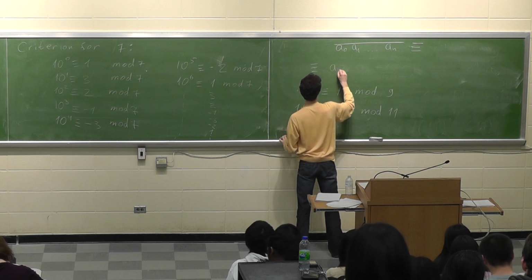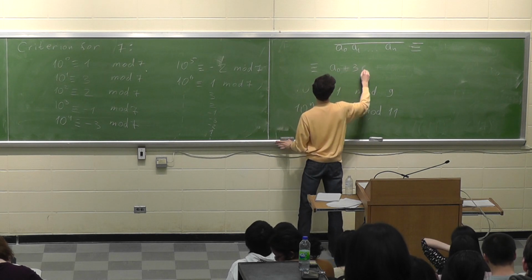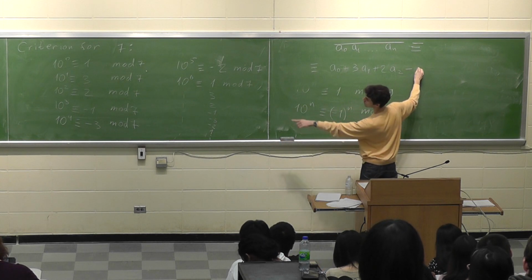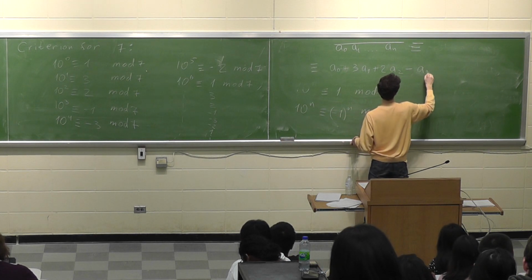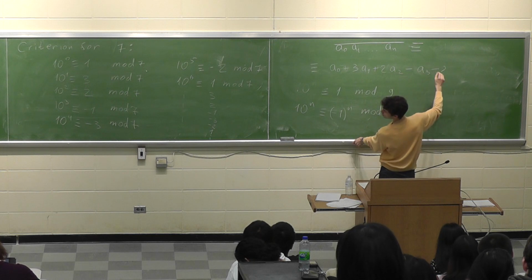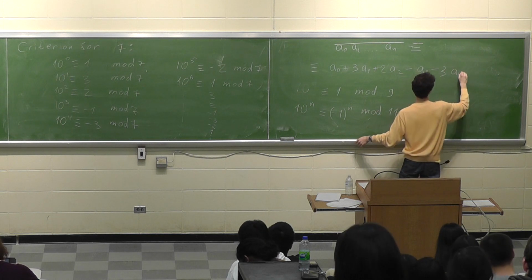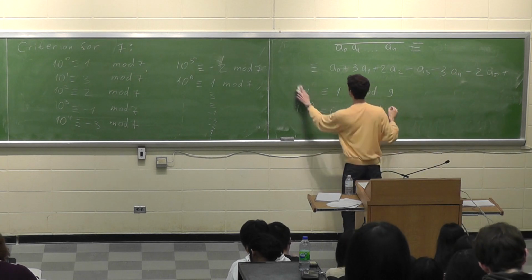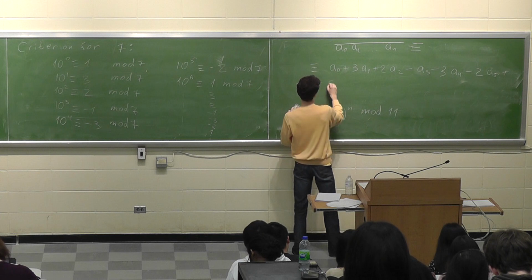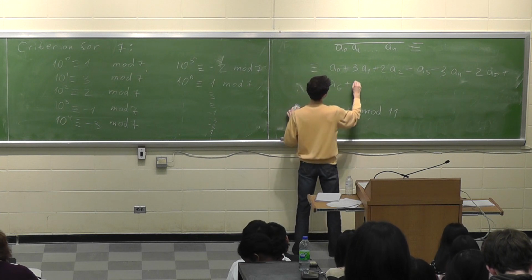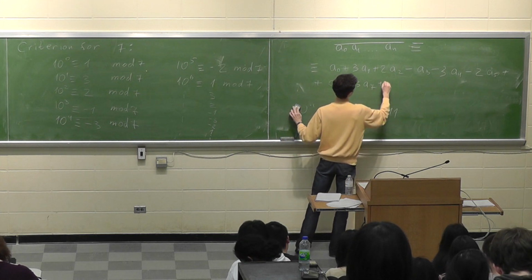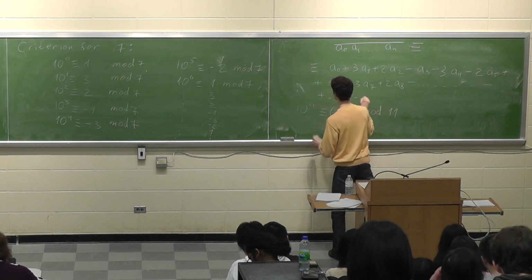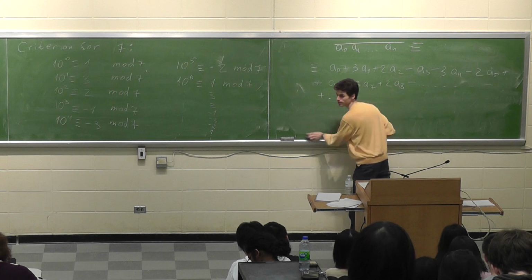It's A0 plus 3 times A1 plus 2 times A2 minus A3 minus 3 A4 minus 2 A5 plus A6 plus 3 A7 plus 2 A8 minus, and so on and so on.